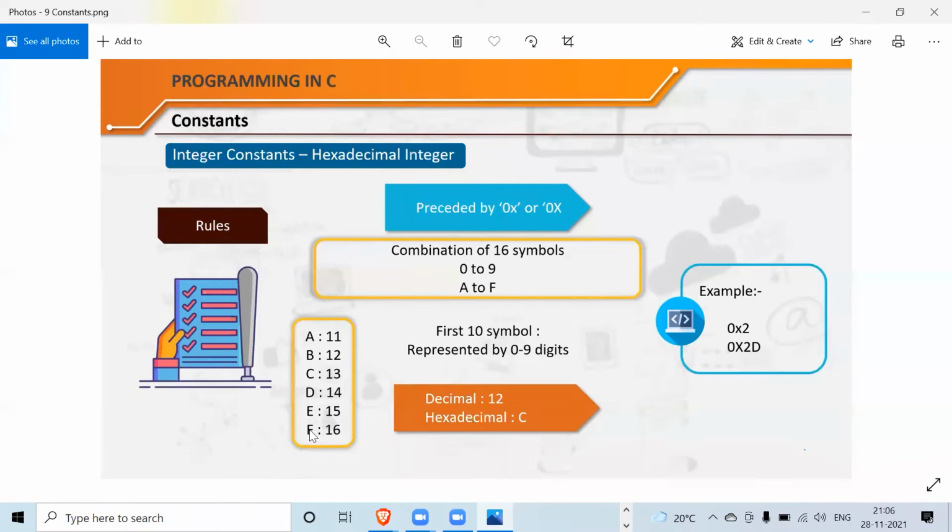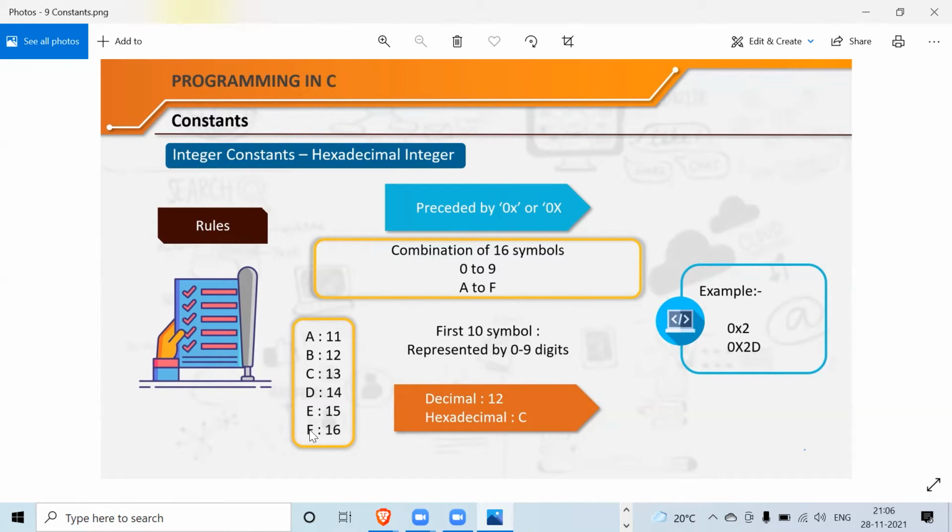The system has a total of 16 symbols. But in the computer world, the counting starts from 0. So 0 is also a character, right? So 0 to 15, you have a total of 16 characters, because you're not starting your counting from 1.